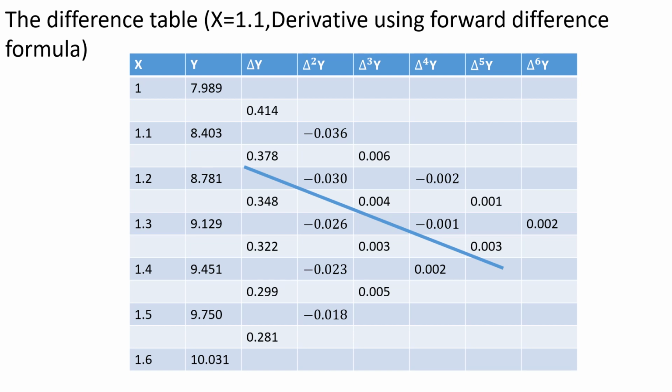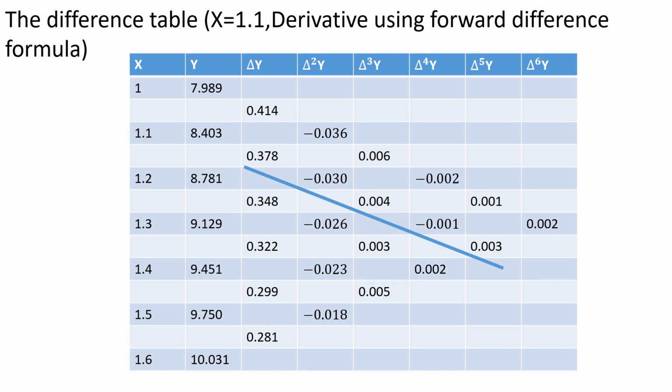Now you can see, subtract the first entry 0.378 from the second entry 0.414, meaning 0.378 minus 0.414, that's why the answer is minus. Here also it is minus.